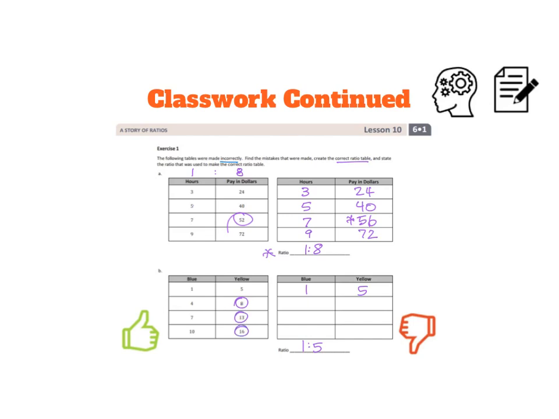Nope. Wow. They were tired. They did not get sleep, so they made some errors on this. So I'm going to write all the blue in, and then 1 times 4, 5 times 4. 1 times 7, 5 times 7. 1 times 10, 5 times 10.